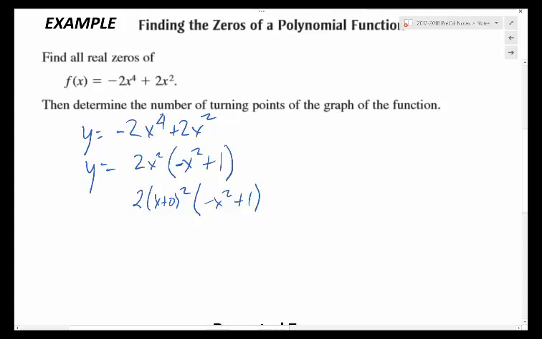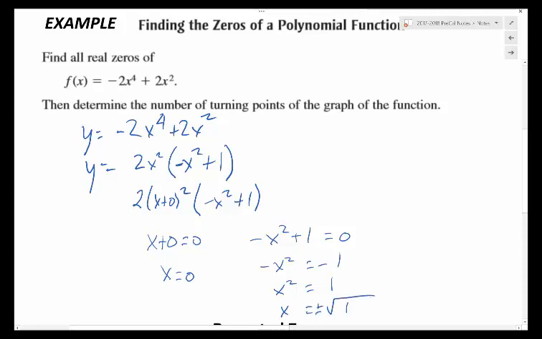To solve, I can just set each of these equal to 0. x plus 0 equals 0, and negative x squared plus 1 equals 0. This factor gives x equals 0, and for this one I get negative x squared equals negative 1, x squared equals 1, x equals plus or minus the square root of 1, which is 1 and negative 1.